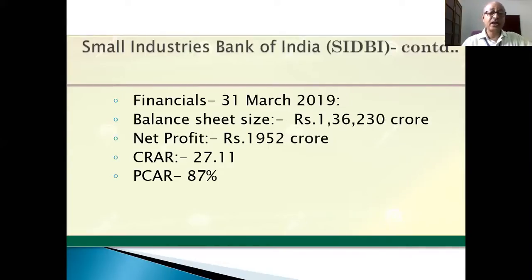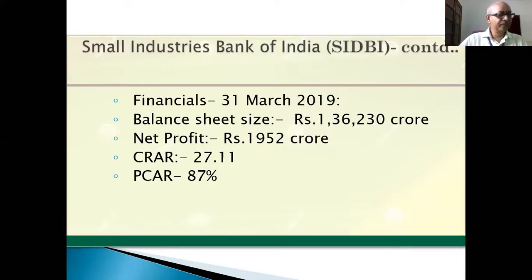Its CRAR is 27.11, and PCAR or provision coverage ratio is 87%. So it has been making a profit for both the years. It had made a profit of 1,120 crores in 17 and 1,429 crores in 2018.